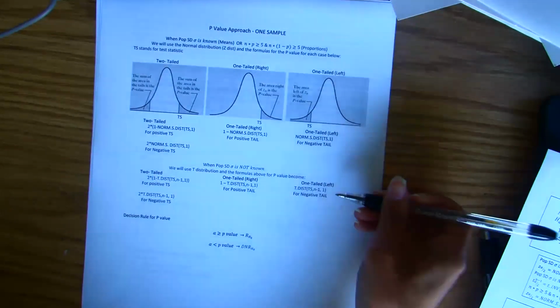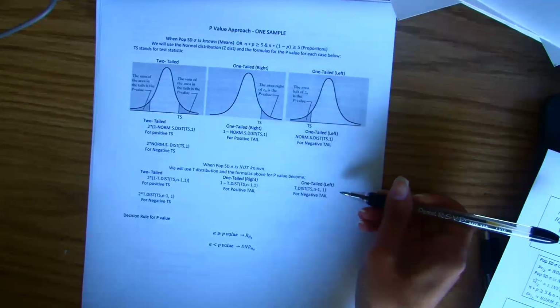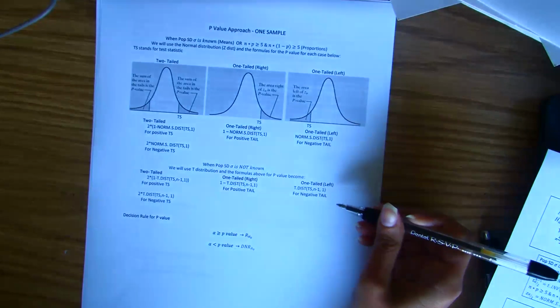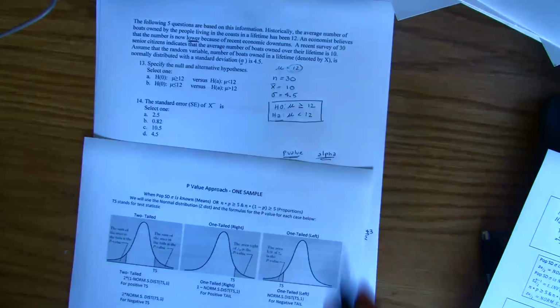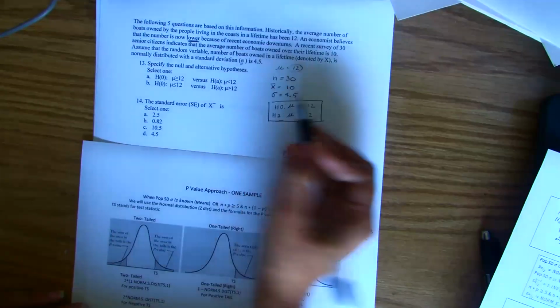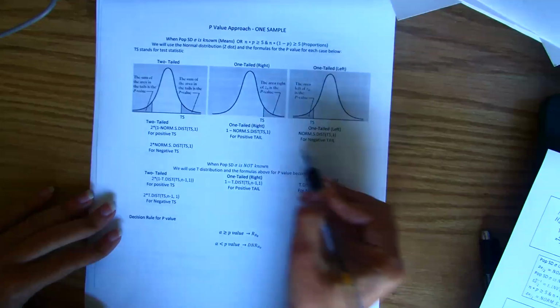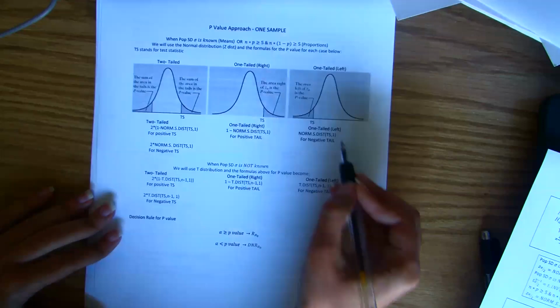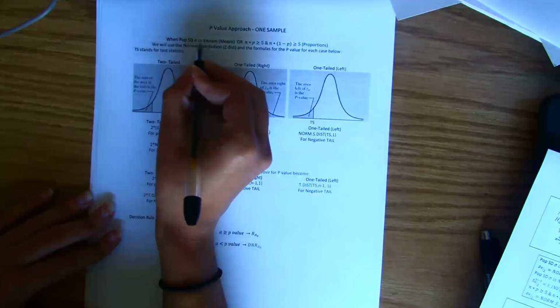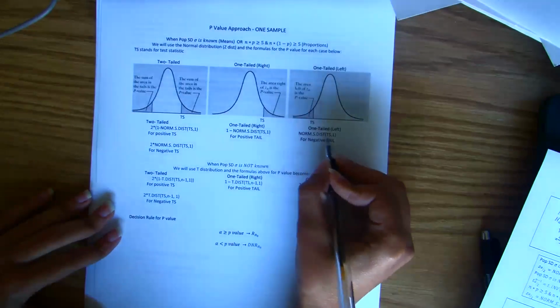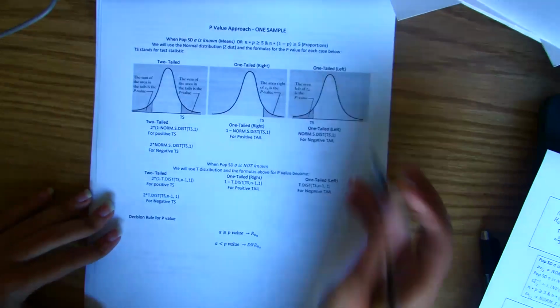The next key thing that we have to look at is, do we have population standard deviation or sample standard deviation? And it seems like here we have population standard deviation. So we are going to be using this formula right here because we use this for when population standard deviation is known. We use norm.s.dist, test statistic, 1.